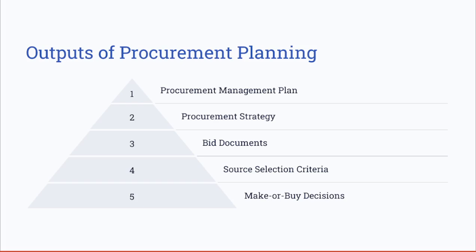Next, you have the procurement strategy, which specifies the contract types, the payment structures, and delivery schedules. Also, you have the bid documents, which is very important to cover here. Bid documents like the RFPs and the RFQs help to verify, validate, and even evaluate the vendor proposals.